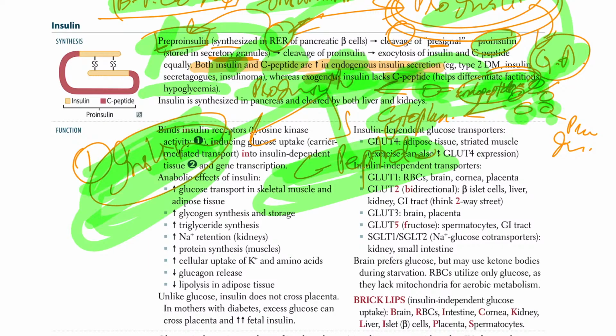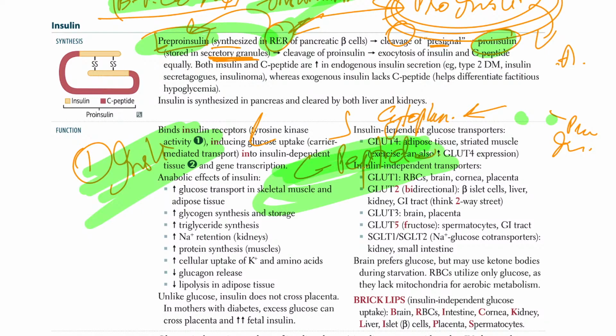It's not due to insulinoma. It's not a secretagogue or insulinoma. It's something else. Okay, I hope that makes sense. Now, the second thing is insulin is synthesized in the pancreas and cleared by both the liver and the kidneys.